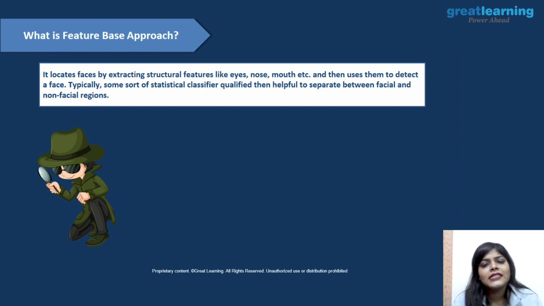Typically, some sort of statistical classifier is used to separate facial and non-facial regions. In the image itself, it tries to find the structural features, like eyes, nose, and mouth, which helps it understand that there is a face. This is the region with the face, and this is the region without any face. This is how the feature-based approach works.